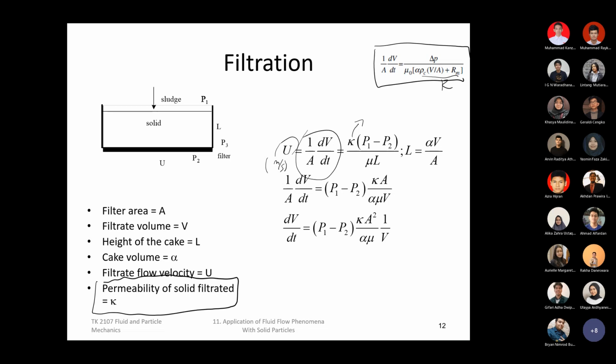You can see the correlation between permeability and the other variables by comparing these two equations. You still have delta P over here and over here, and you still have mu, but now you can express the rest of the variables as a function of permeability. Okay, let me check.